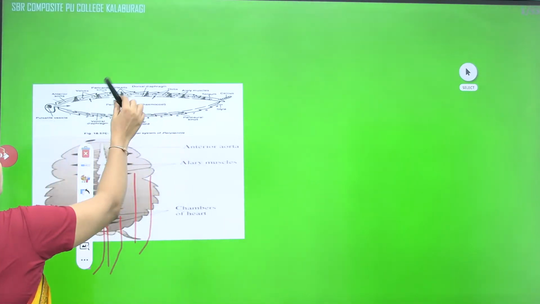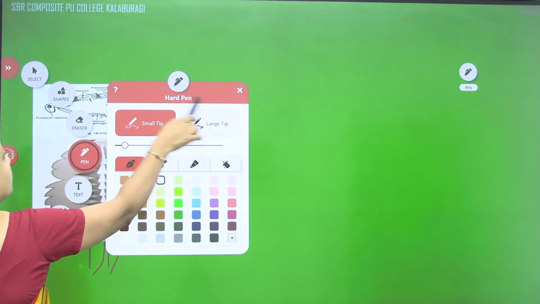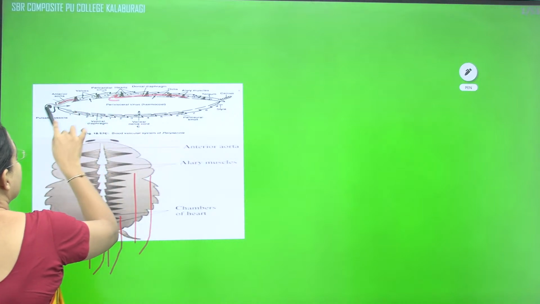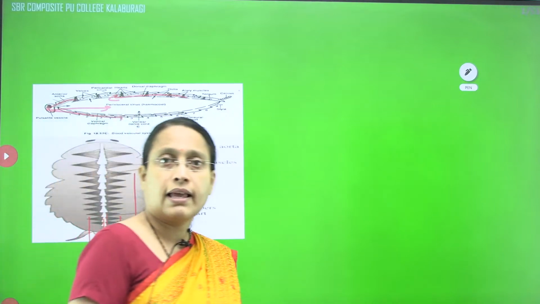So the blood flows from the pericardial sinus to the head sinus and then to the perivisceral and perineural sinus.